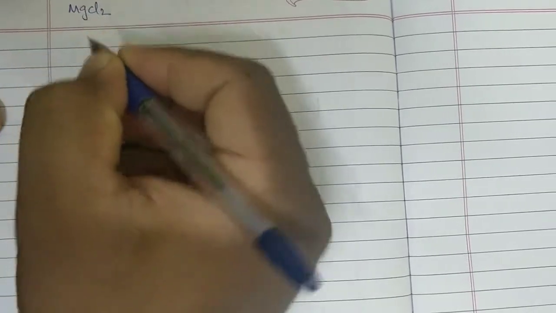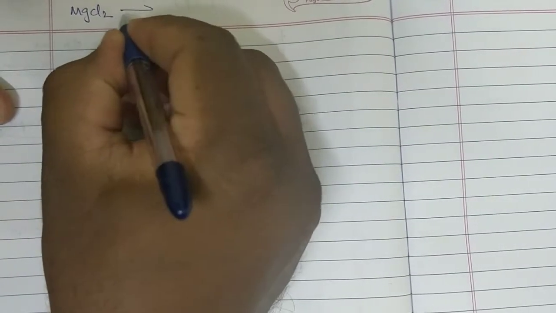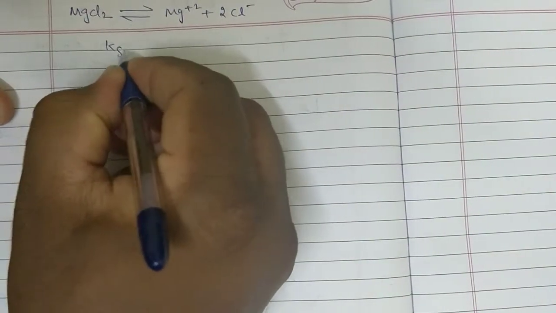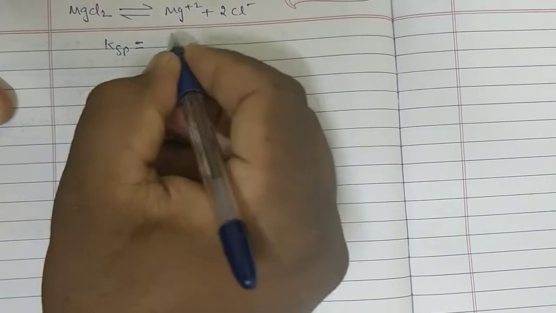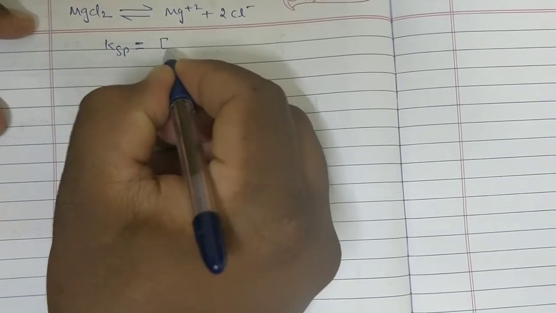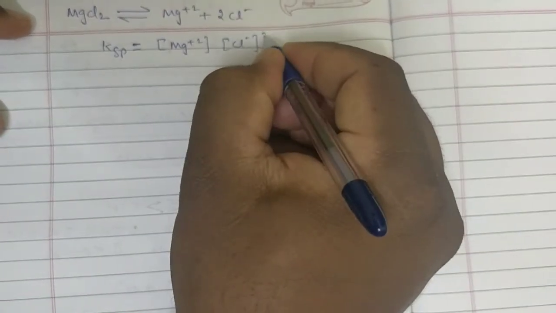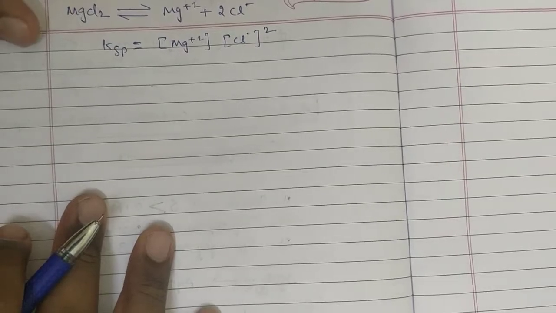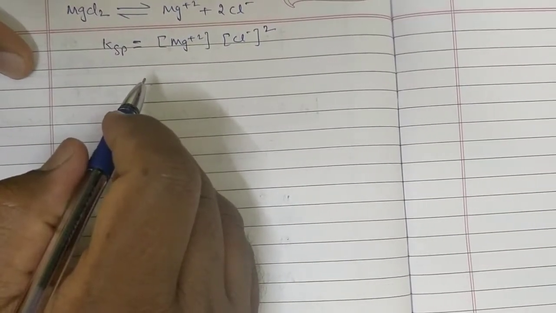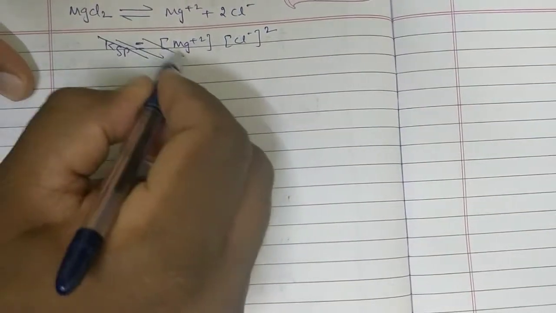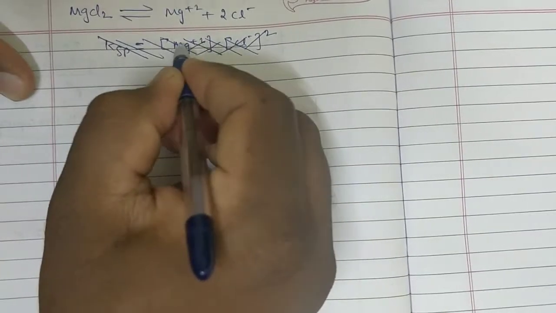Let us take one example: MgCl2. MgCl2 undergoes dissociation to form Mg plus 2 and 2Cl minus. For this, KSP is equal to the concentration of Mg plus 2 into the concentration of Cl minus power 2. But instead of writing like this, directly in terms of S I am writing.